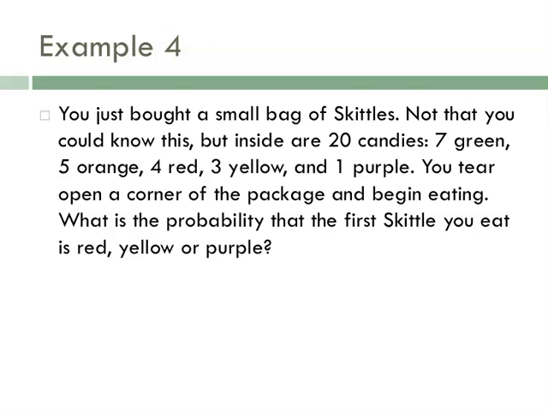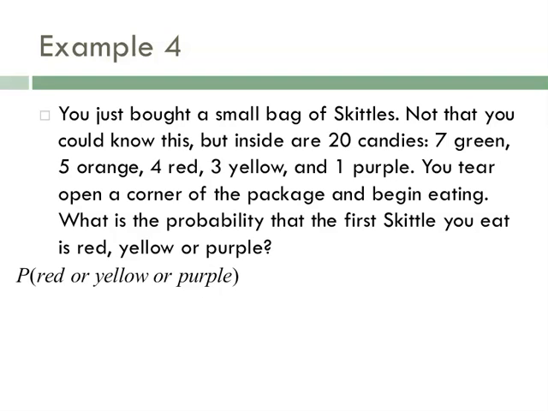Okay, so the probability we're looking for is the event red or yellow or purple. So that should kind of ring a bell in your head. Okay, it's or, so we must be adding probabilities. Now, when you're adding probabilities, you want to double check and see, okay, are these events mutually exclusive?